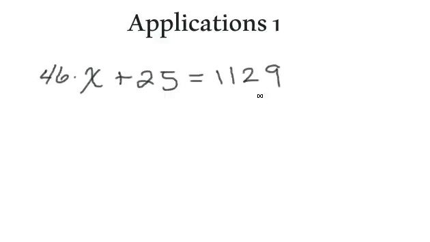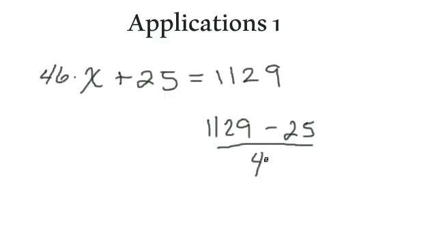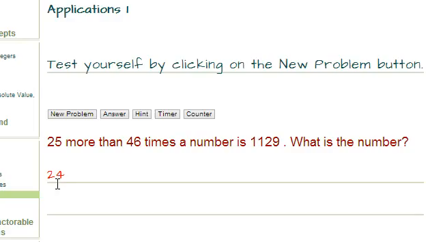So in this problem here, you're just going to simply solve for x, and you should know how to do that up to this point. So 1129, bring the 25 over, and then divide by 46. I'm starting to skip steps now, hoping you can get that. So plug that in, and that should be your answer right there.